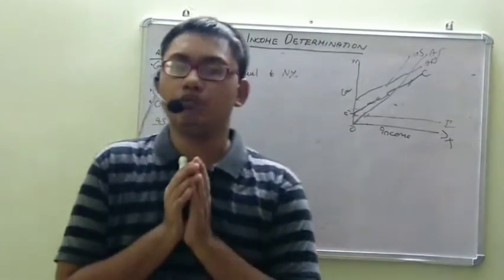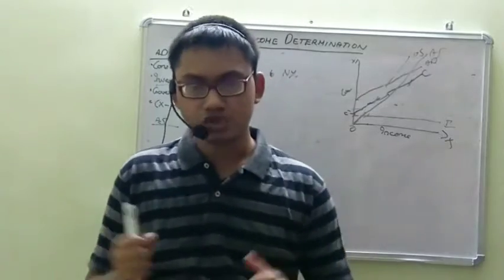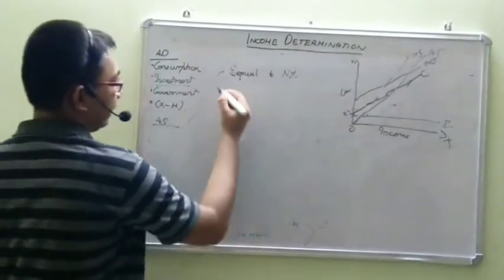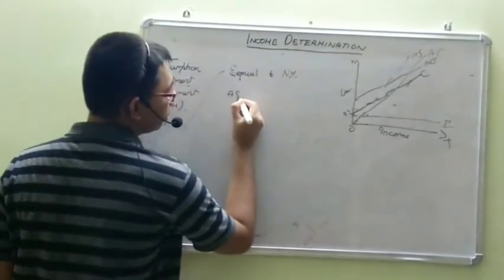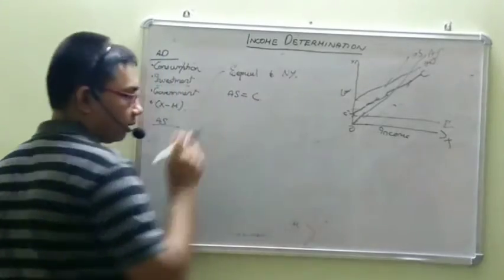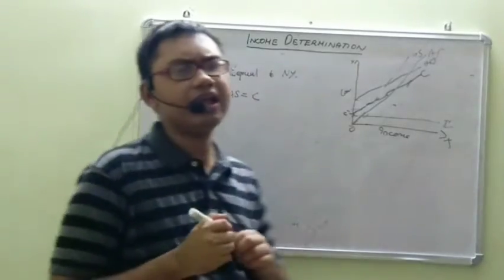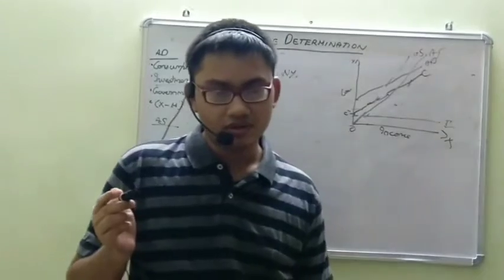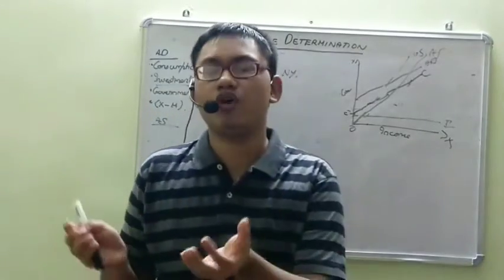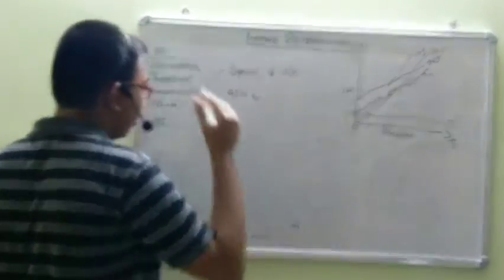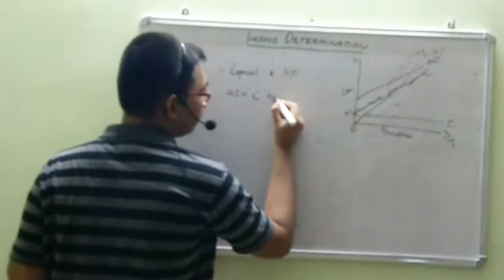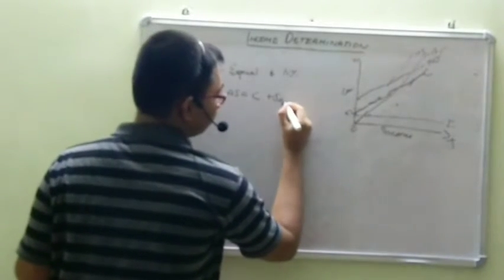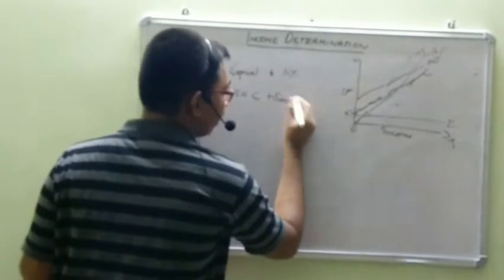What can people do with what they earn? Either they can consume the goods, that is, consumption expenditure, or they can save this money for future use. So AS will be equal to C plus S, or C plus savings.